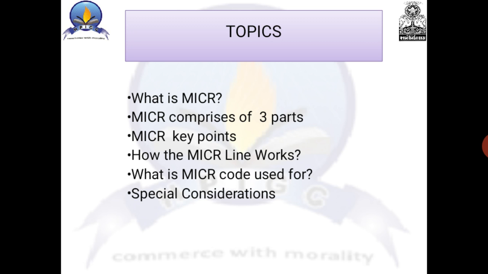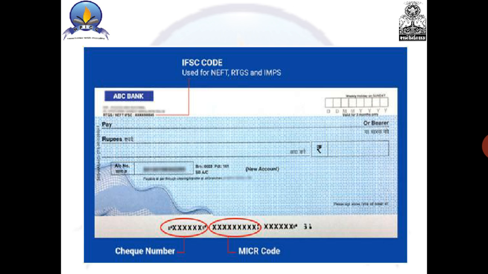As a special consideration, while magnetic ink character recognition was first, and is still, used to print information on checks, the technology is also used for other applications. For instance, many financial documents in the United States are printed with MICR technology.